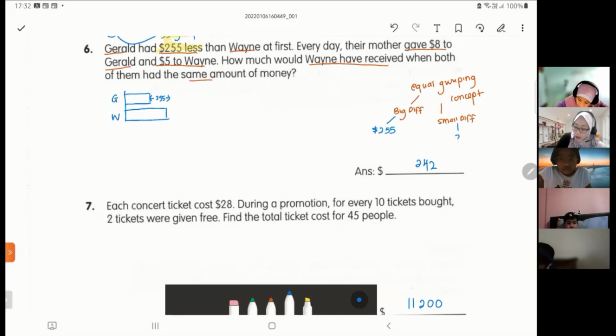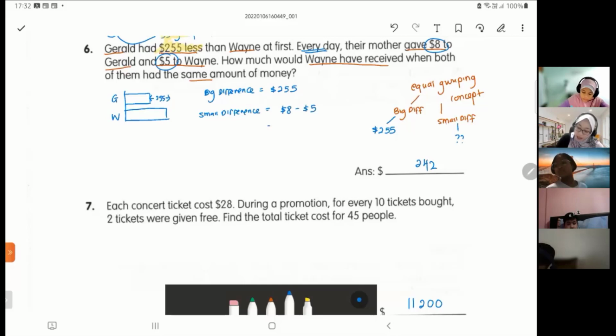Now my issue is to find the small difference. Okay, I'm just going to write down. The big difference is $255. Now the small difference will be the everyday difference. The everyday difference. Can you see this? Okay, so the everyday difference will be $8, take away $5, and I have $3. That is my small difference.